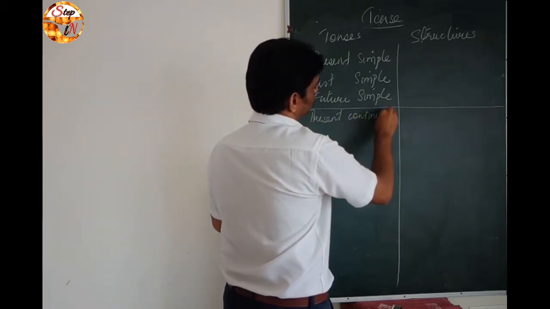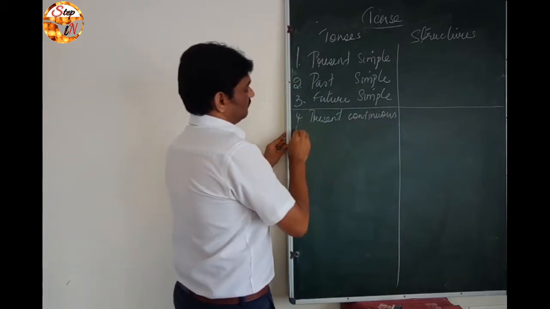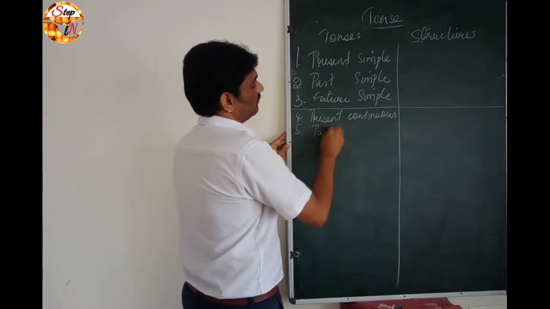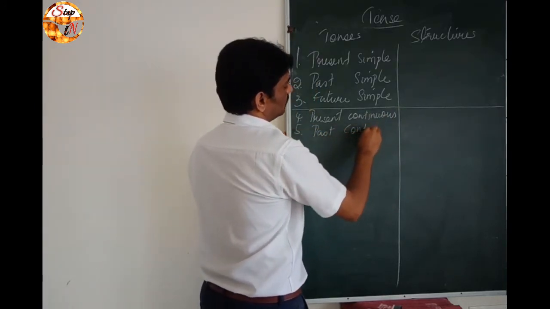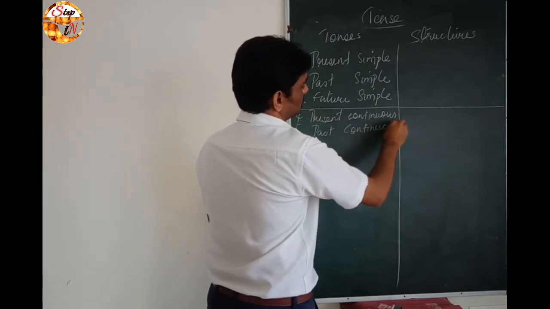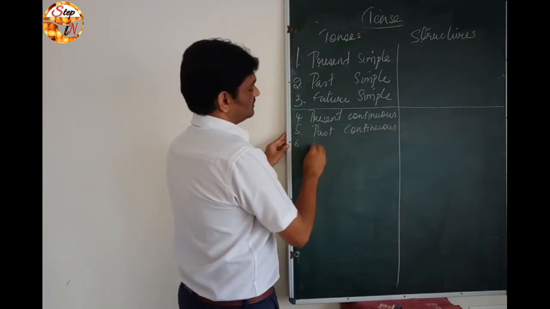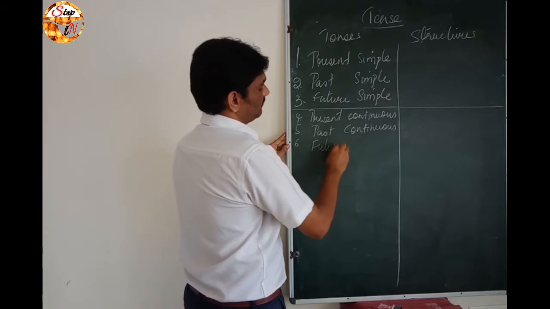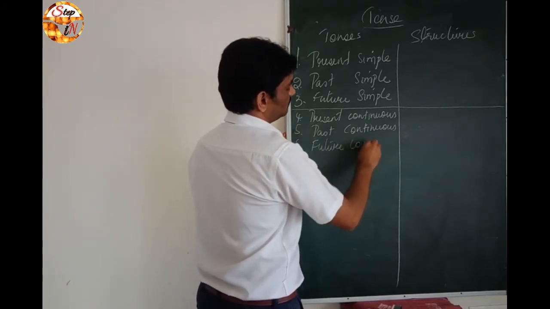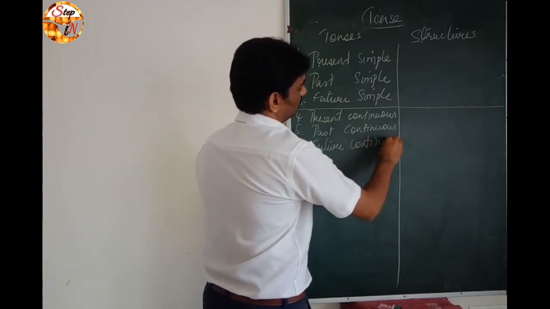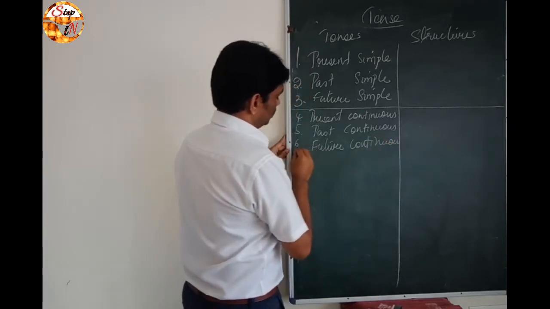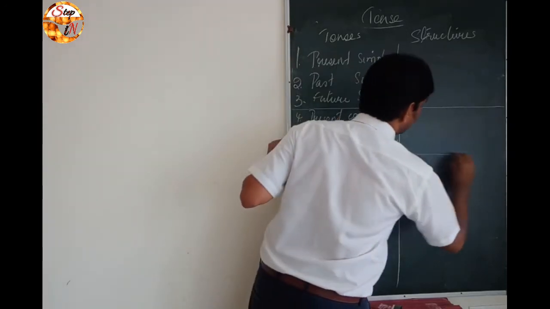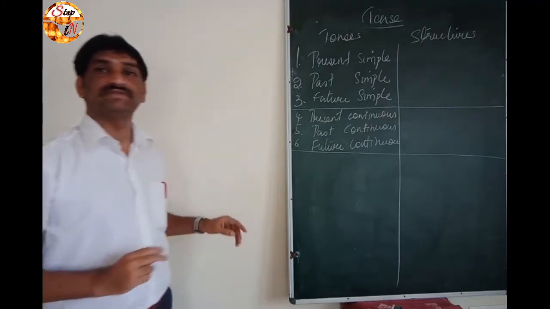The aspect is continuous tense. And the fifth one, yes, we can go with past continuous. And the sixth tense will be future continuous. So we can close this also. Now six tenses are over.